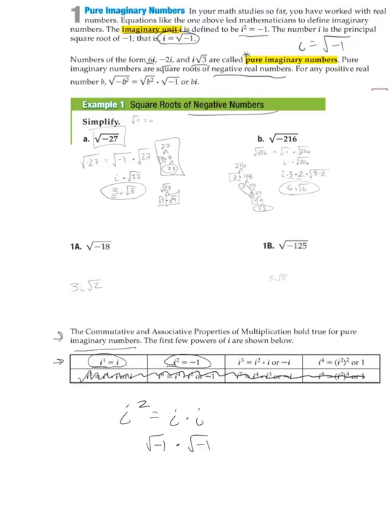The square root of negative 1 squared is just equal to negative 1, so i squared is equal to negative 1.